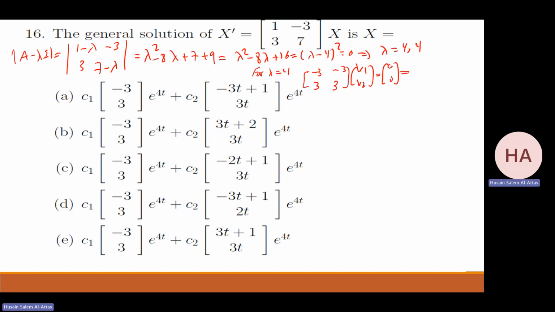So very clear, I have only one eigenvector, but I have K2 equal minus K1. I have only one eigenvector. So that implies D will be 2 minus 1, which is 1. This is multiplicity 2.